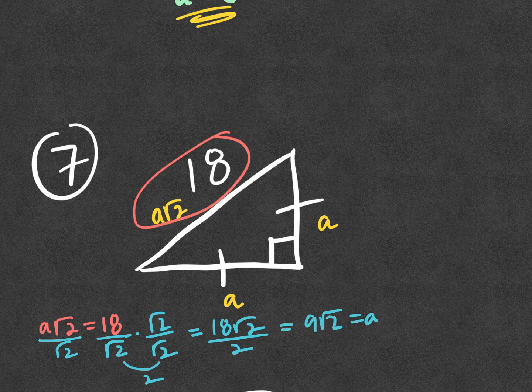So that's my a value. So here, substitute back in where this is 9 root 2, and this is 9 root 2 are my answers. Okay, and there are other patterns that you'll pick up on. So like here, if you're given a whole number for the hypotenuse, you might notice that it's half root 2 for the legs. If not, just go through the procedure. It gets you to the same place.